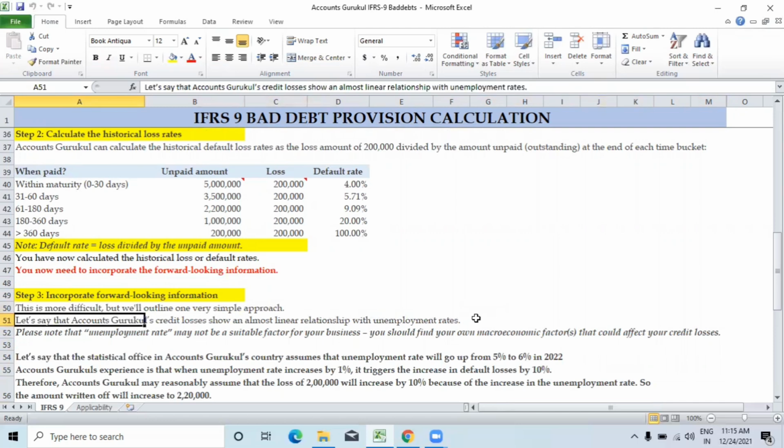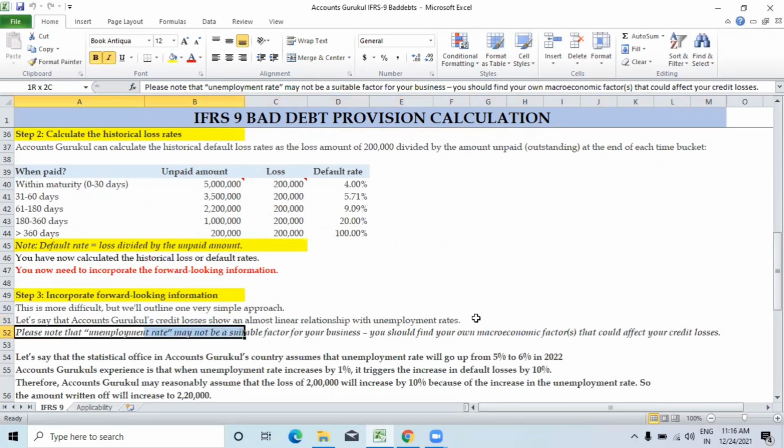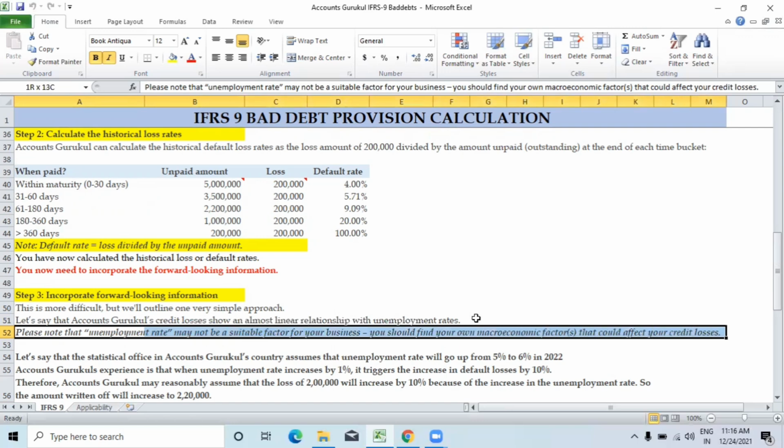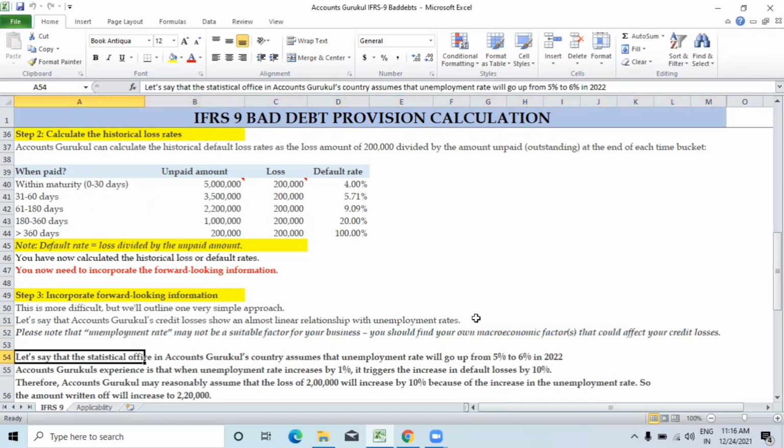Let's say that Accounts Gurukul's credit loss shows an almost linear relationship with unemployment rates. If the unemployment rate is not a suitable factor for your business, you should find your own macroeconomic factors that could affect your credit losses.